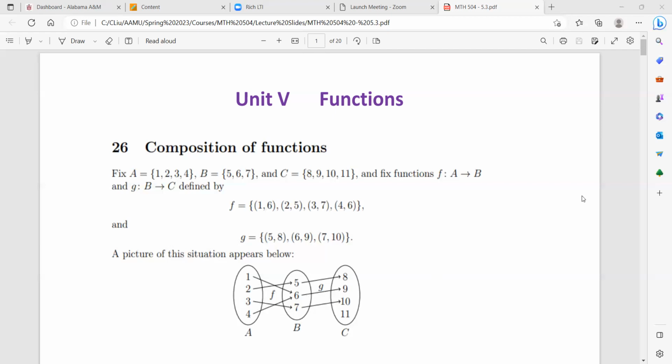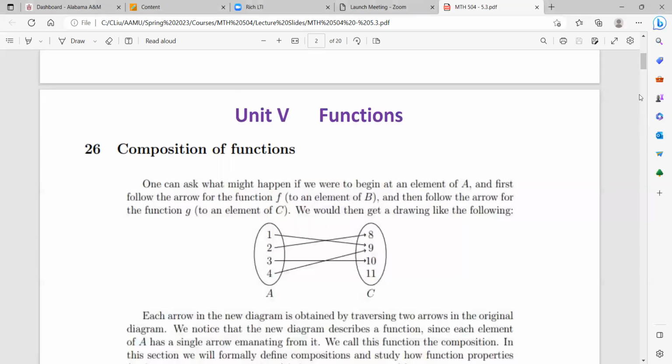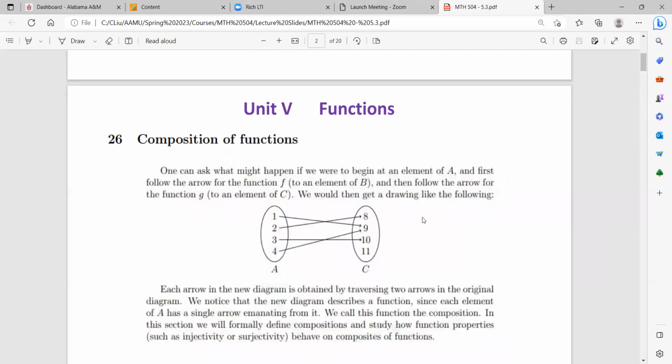So it is indeed another function, and we call this the composition of f and g, but actually f comes first, g second. So that's g composed with f in reading. All right. So this is a composition of 2 functions. As we just said, if you draw the arrows directly from set A to set C, then you get another function.